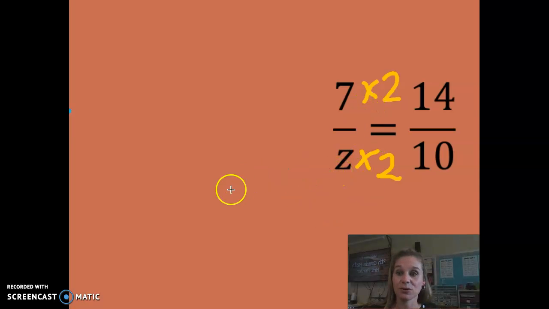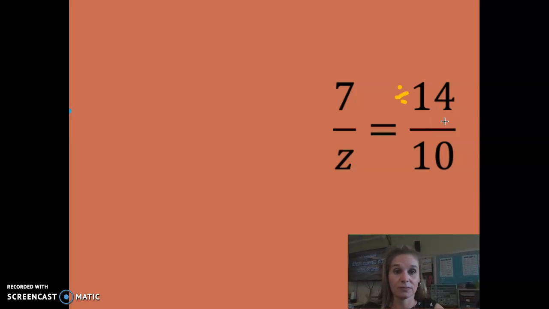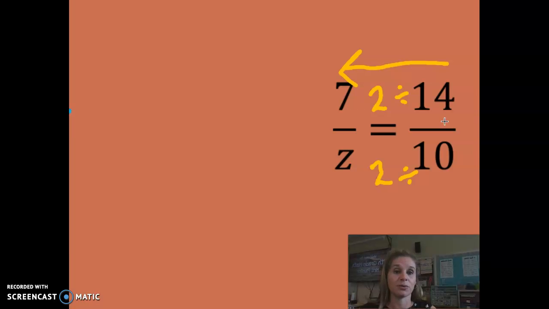So the other way I've told you how to think of it, and I think I need my eraser this time, is instead of thinking of it as times 2, like 7 times 2, we could also think of it as 14 divided by 2 is equal to 7. So we're moving in this direction. So the same way, down here we could say 10 divided by 2 is equal to z. So then we'll know that 10 divided by 2 is 5, so z would be equal to 5.